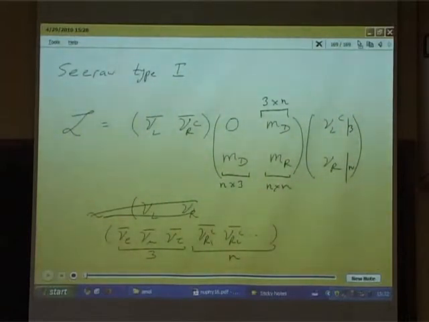And just one subtlety: remember that this is a symmetric matrix. For numbers we just wrote M_D and M_D, but for the symmetric matrix, this actually will be M_D transpose. And this 0 is now not a number, but has dimension 3 cross 3.